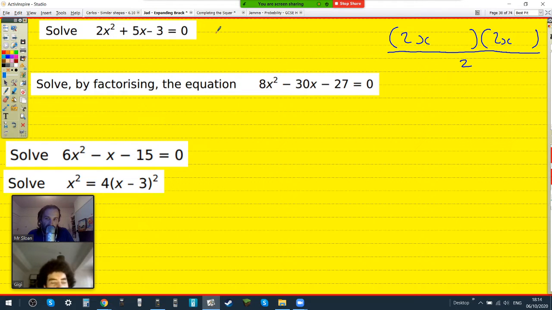What adds to make 5 and what multiplies to make minus 3? It would be what multiplies to make minus 6. It's a times c. Before, it was 1x squared, so it was just 1 times whatever c was.